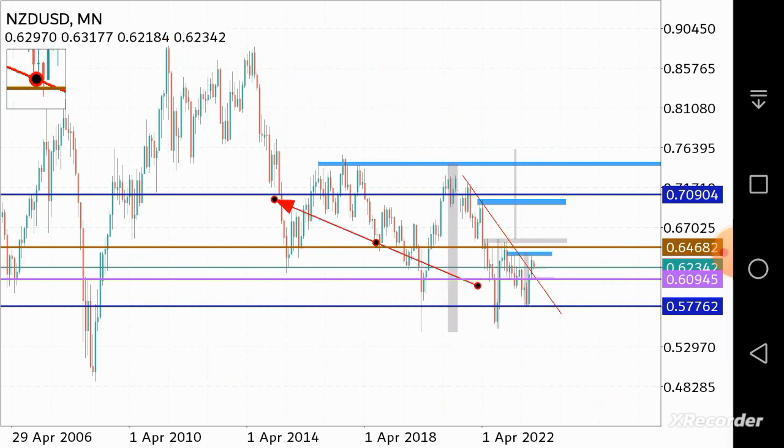Alright, so knowing that, basically right now the market is on a downtrend.